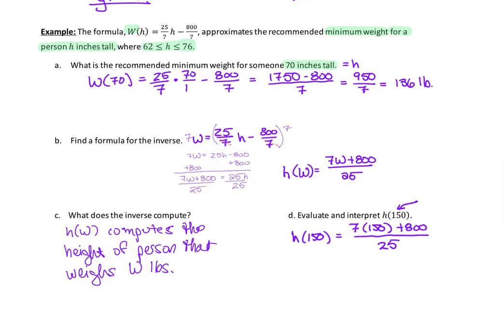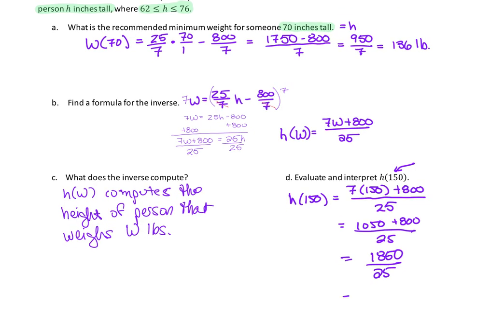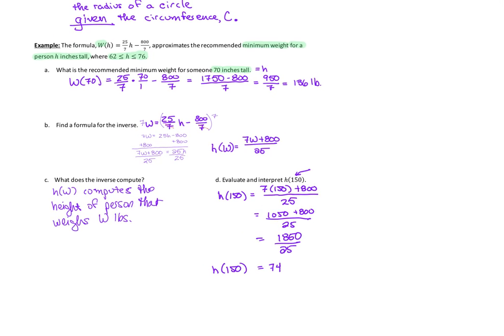All right, if we simplify this, 7 times 150 is 1050. If we add 800 onto that, we get 1850. And if we divide by 25, we get 74. Okay, so we do want to interpret this.